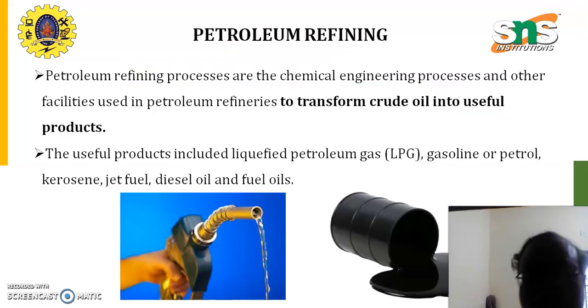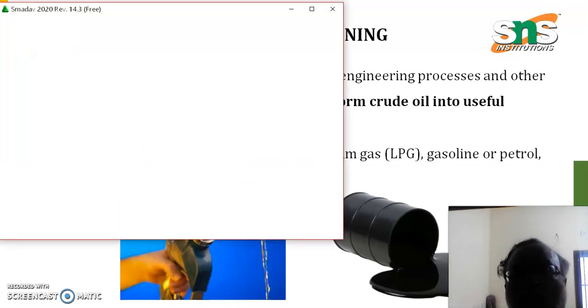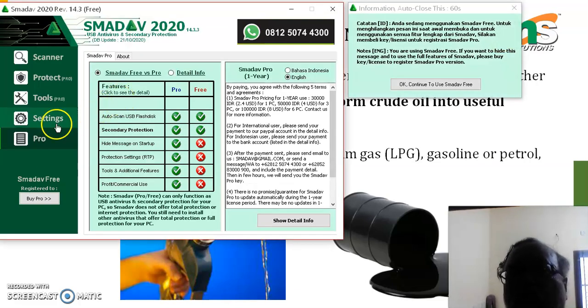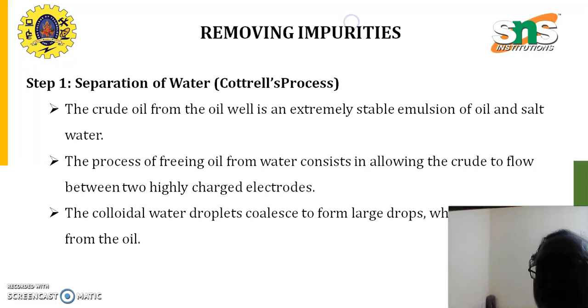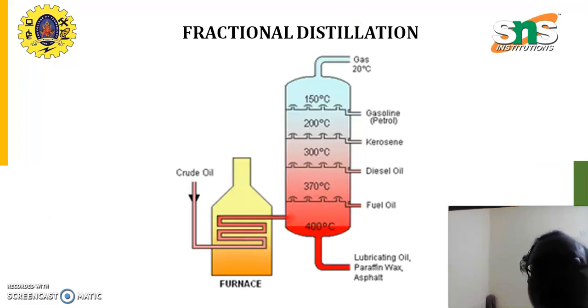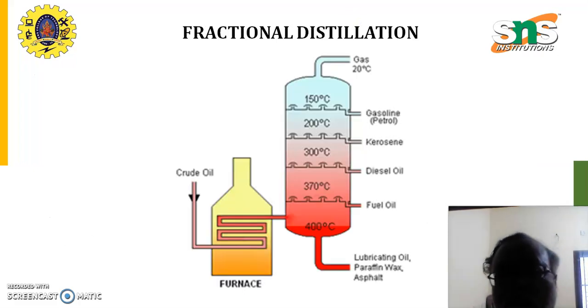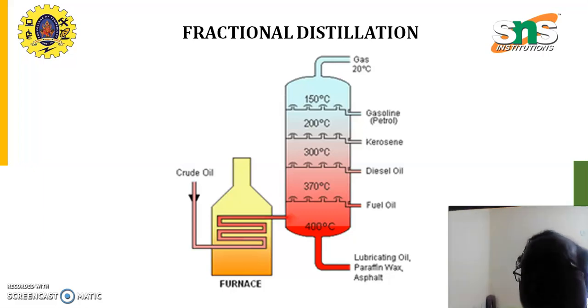Here in this class, let us continue the petroleum refinery process. Because of the petroleum refinery process, let us discuss what are all the benefits people are getting from the products prepared from the petroleum.